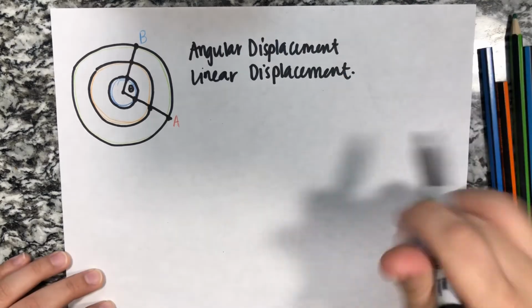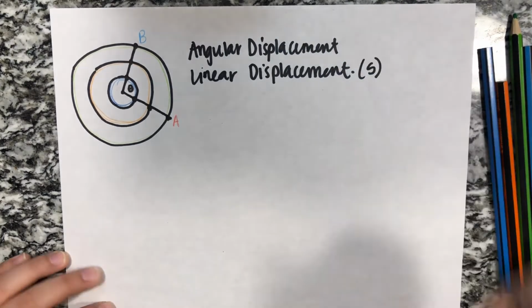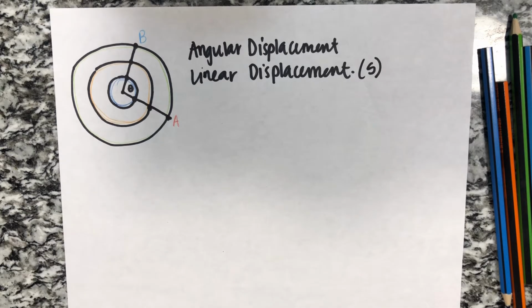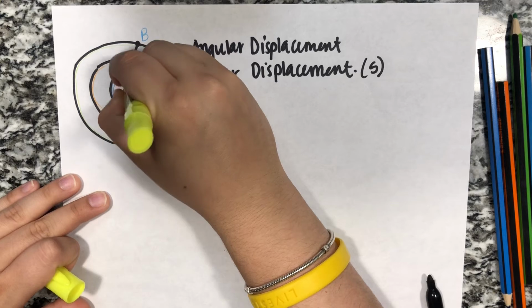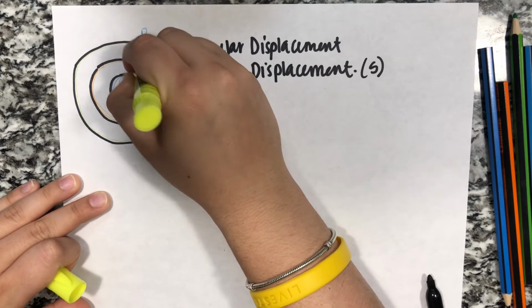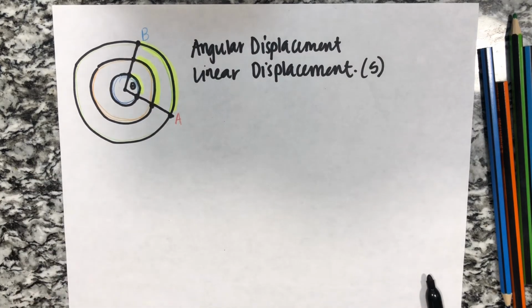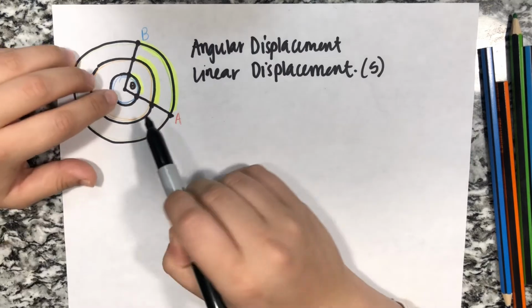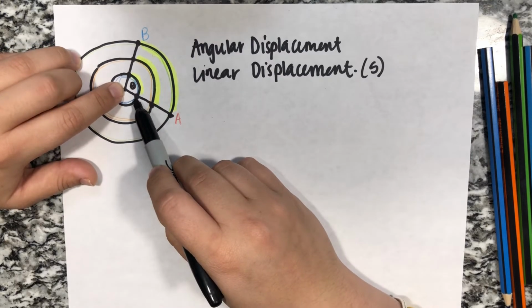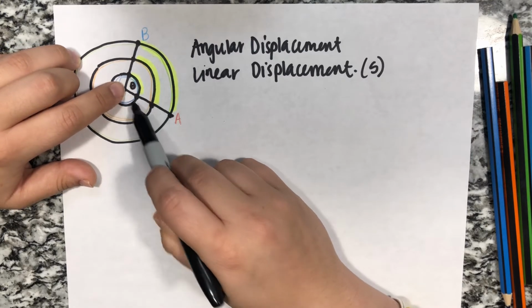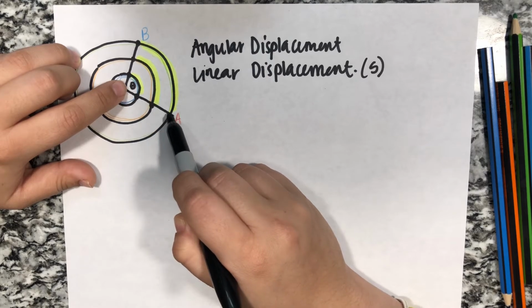The linear displacement is S, which in the last video I told you was the arc length. So S for each of them is going to be here. What I really want you to see is that each of these arc lengths is different. Why? Because each of these circles has a different radius. The small circle has a very small radius right here, the medium circle's radius goes out to here, and the large circle's radius goes out to here.